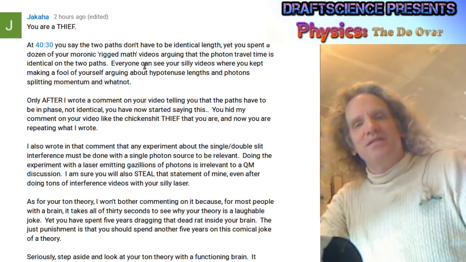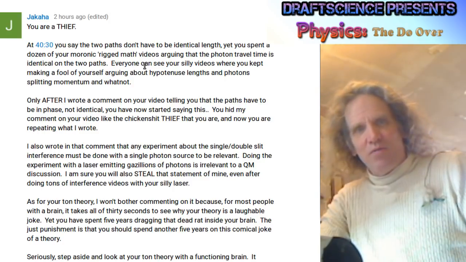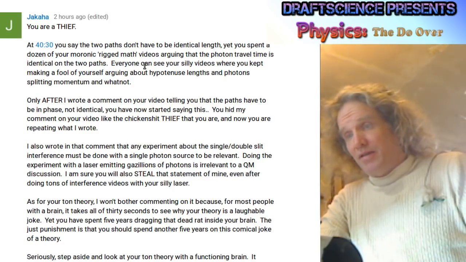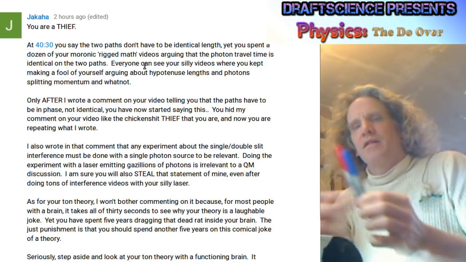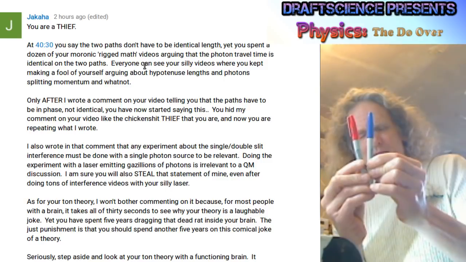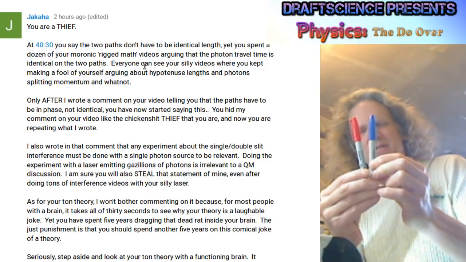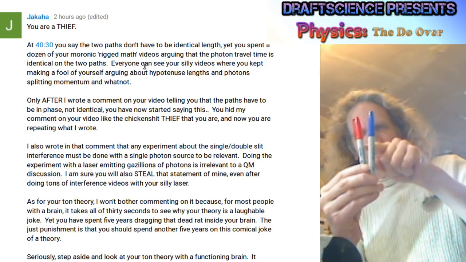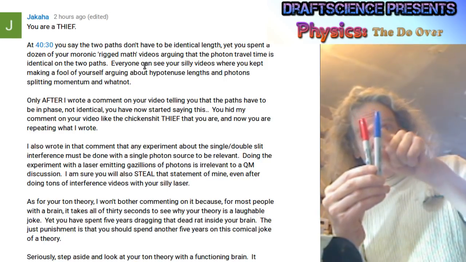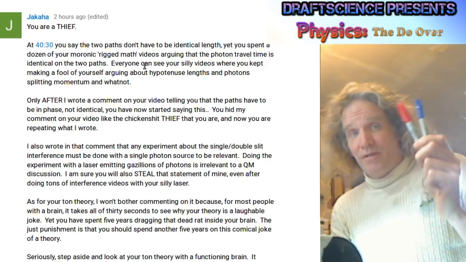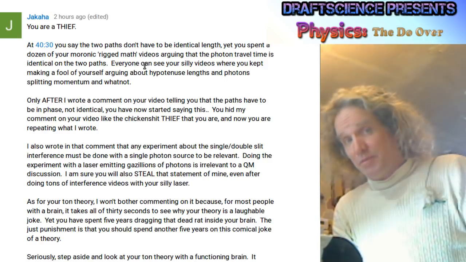But the idea that distance is somehow relevant to this experiment, as I've attempted to point out, has to do with the fact that the light is diverging and that you can measure distance by measuring how this width changes over distance.